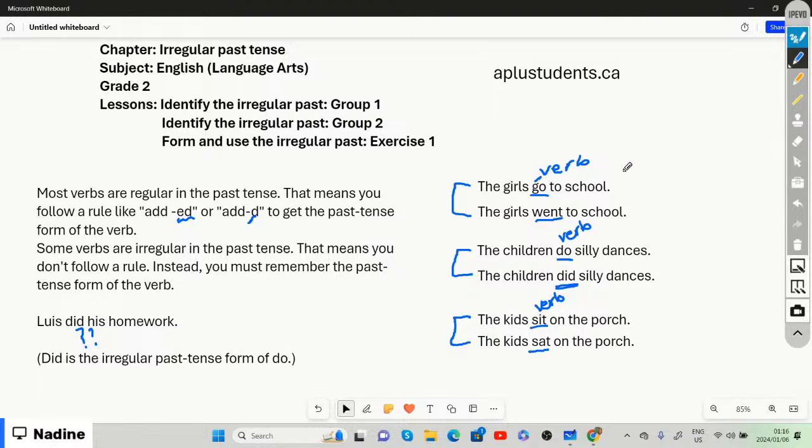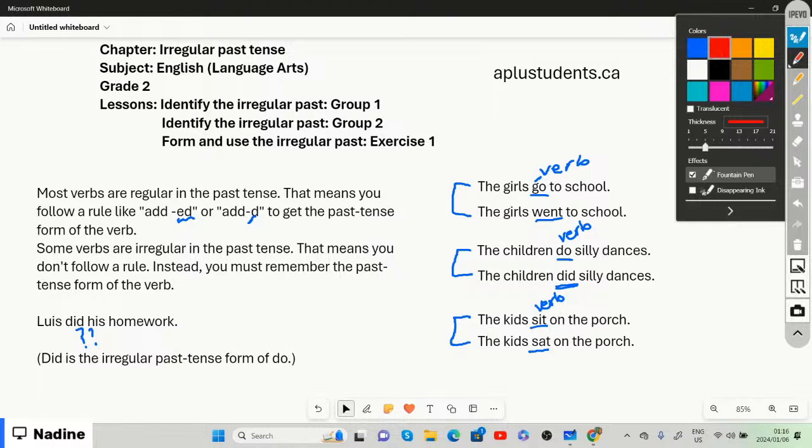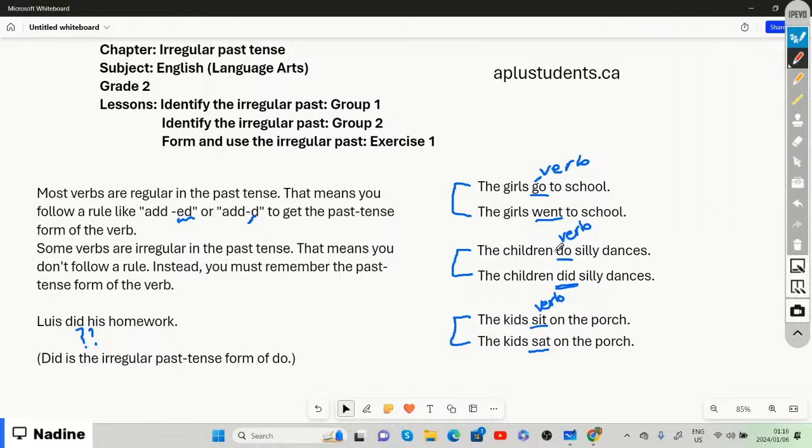And as you can see, if you look at these words that are underlined, or let's say circled, which is go. Go is something that you're doing now, which is in the present. But in the past, the verb go is went.